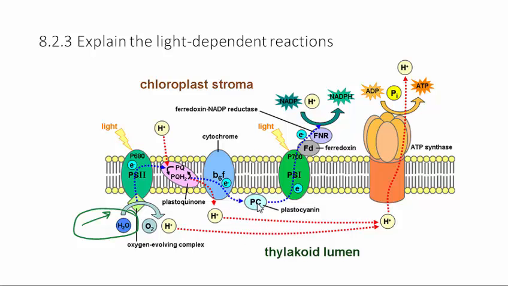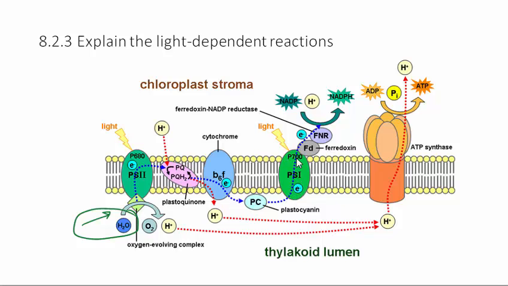The electrons keep flowing through this electron transport chain because factors like this plastocyanin, which you don't need to know, are accepting the electrons. They want the electrons more than the ones before it. The electrons get to photosystem I, indicated here by PS1, and the electrons have to get excited again. They're excited again by the light hitting the chlorophyll that's sitting on the stromal side of the thylakoid membrane.